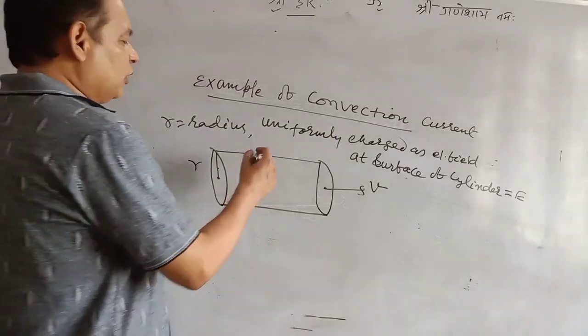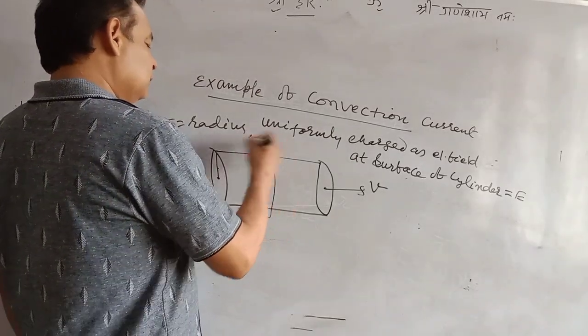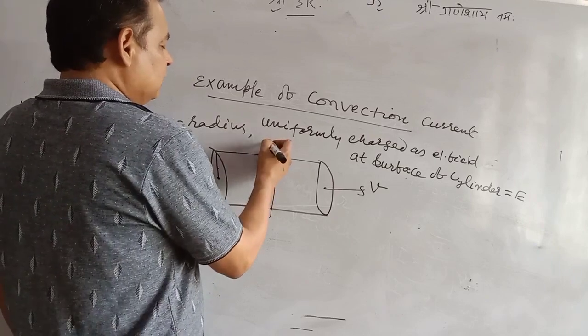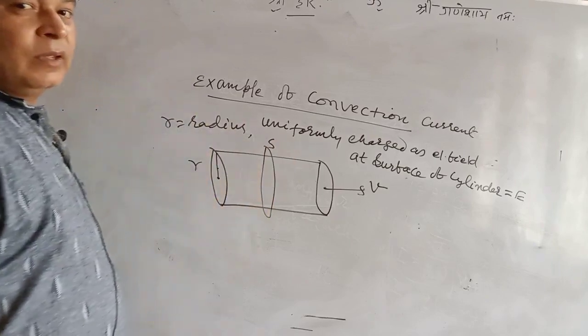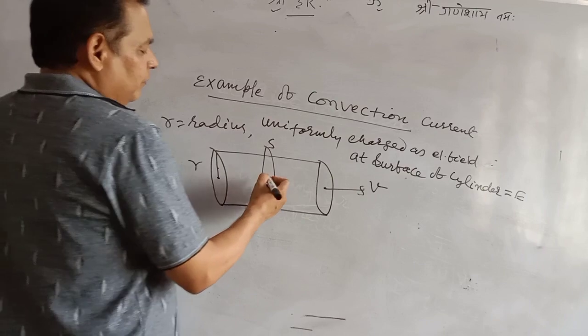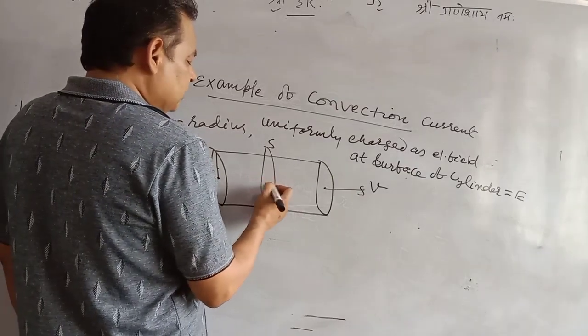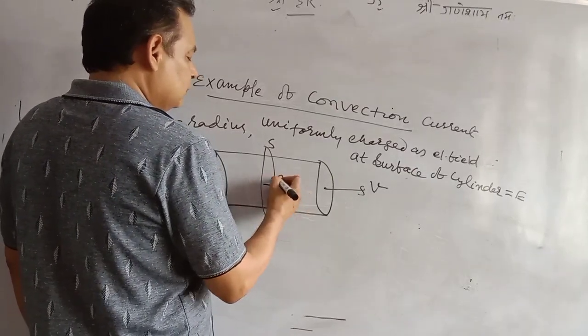I am taking a particular cross section here, and in dt time, dx length of this cylinder will pass through.